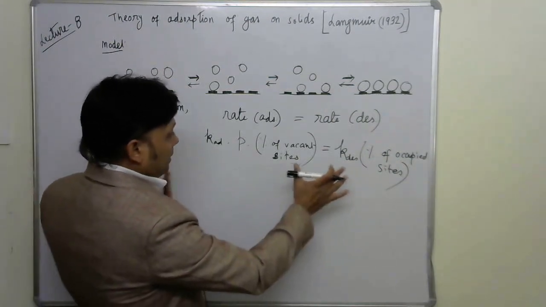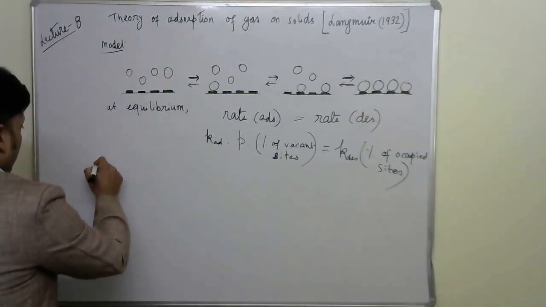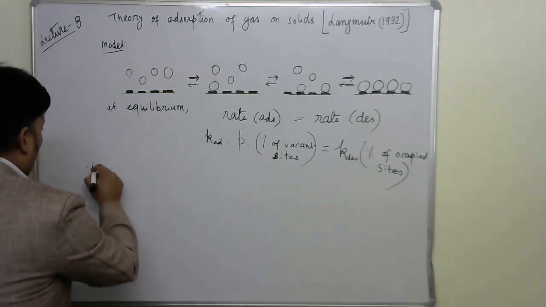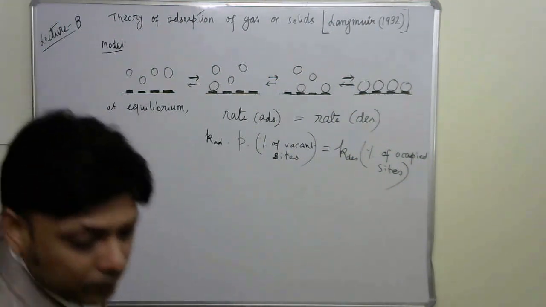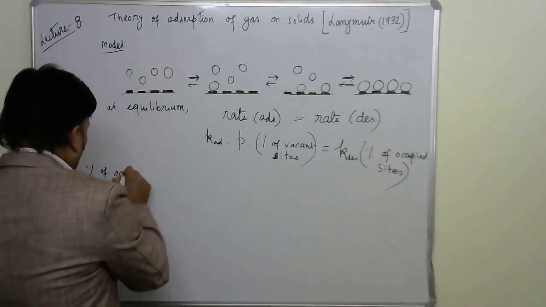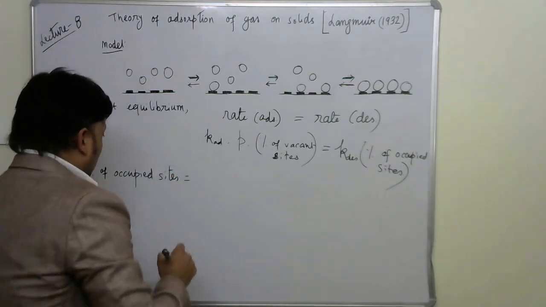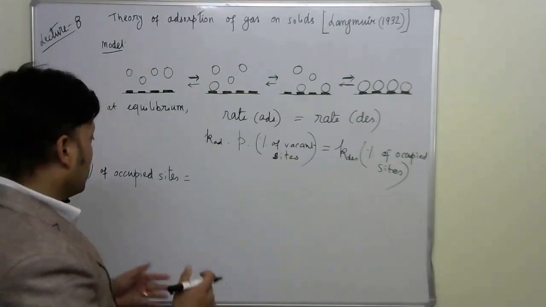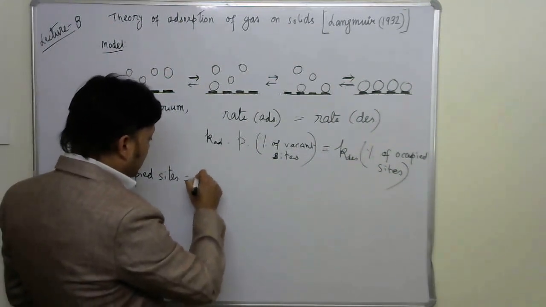So now we can see an equation building up, but we would like to express the percentage of the occupied sites. We can write it this way. Since percentage is synonymous with fraction, we can represent this as a fraction, and we call the fraction theta.